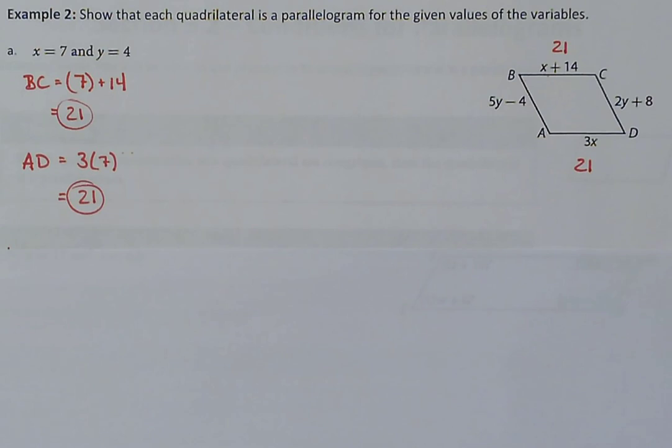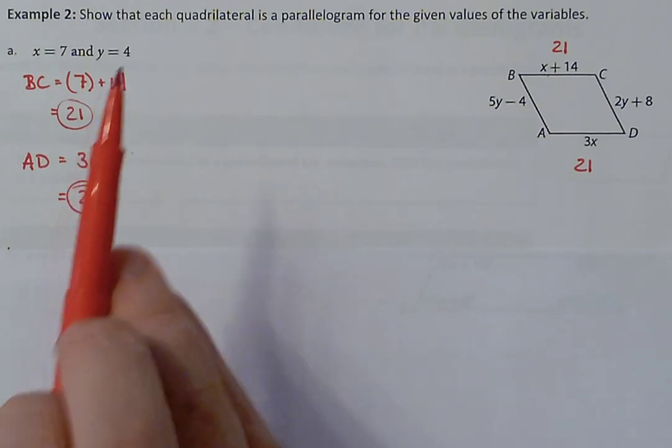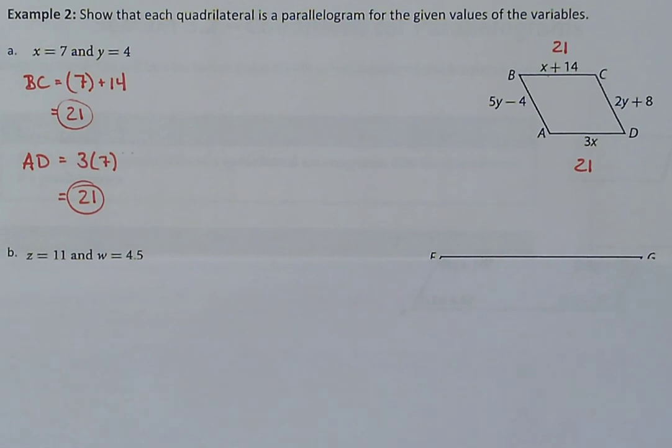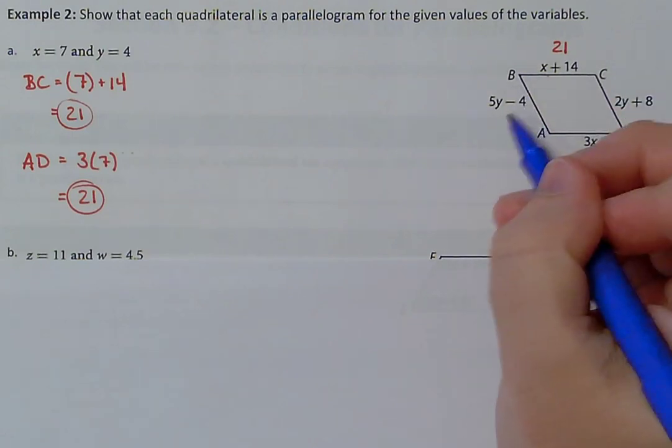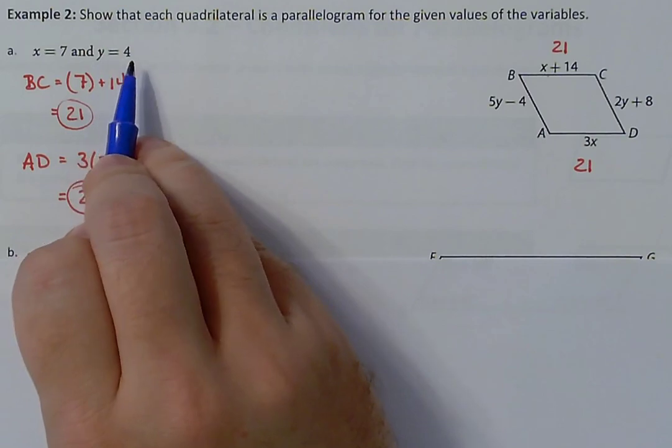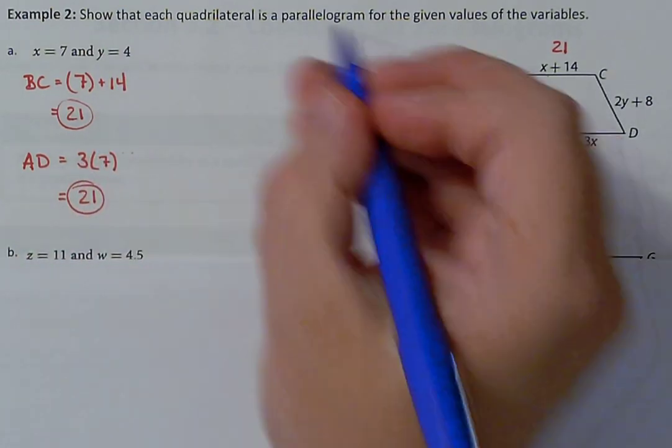While, yes, we know one set of opposite sides is congruent, we need to show both sets are. So our next step is to take y, and we're going to plug it in for both of these expressions. We're first going to look at AB because it's on the left, which is 5y minus 4. We're going to plug 4 in for y.